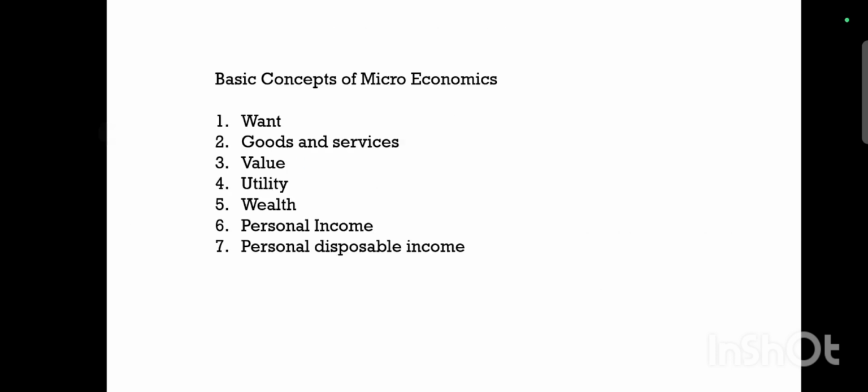Now, some basic concepts of microeconomics. First is want. Want means our desire to buy something. It is difficult to define want in few words. In common language, want can be referred to as our need. In economics, want denotes a lack of satisfaction.